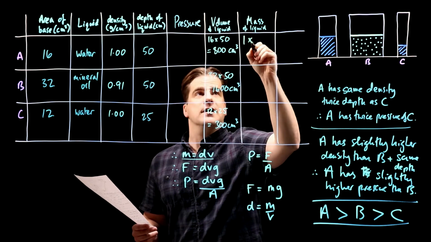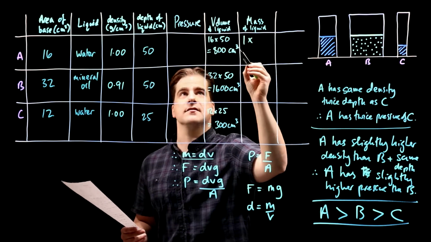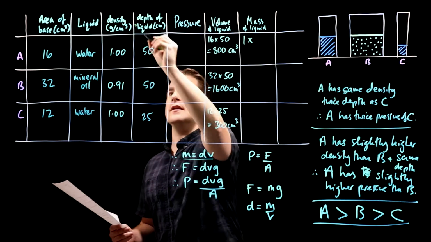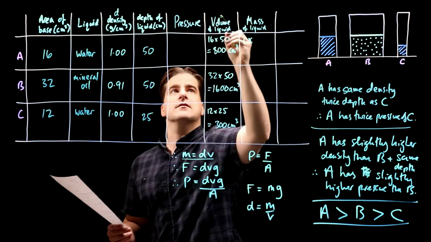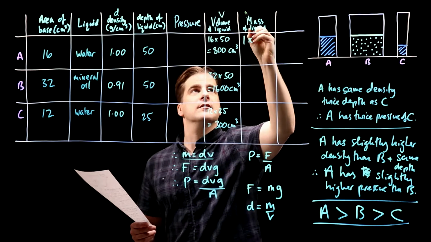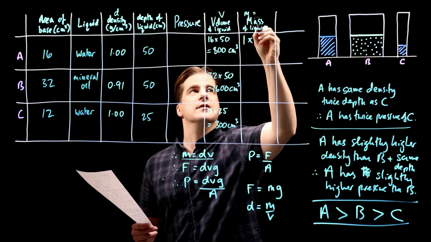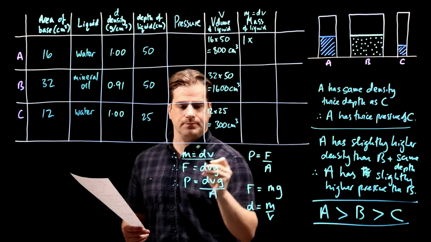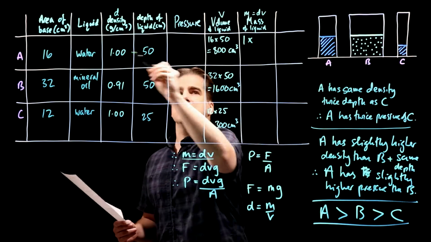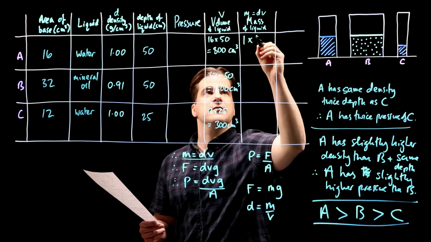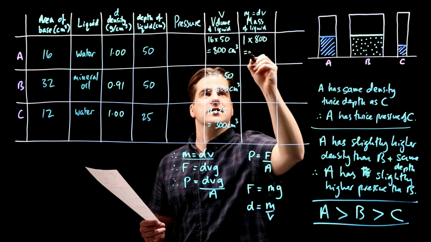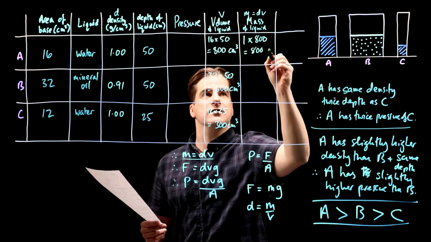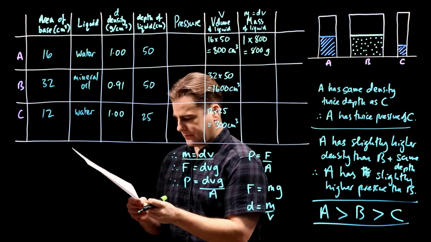So mass is density times volume. So D times V, mass M equals density times volume. D times V, 1 times 800, which is 800 grams. Okay?